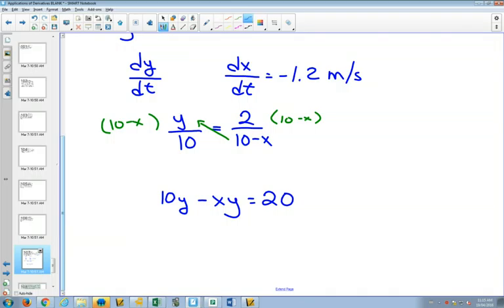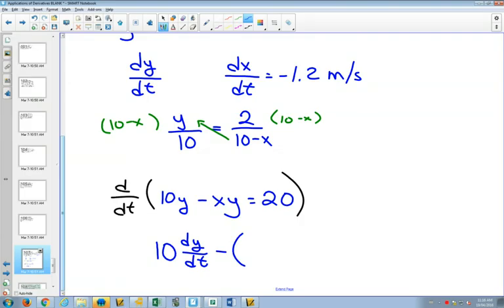Now I can find the derivative with respect to time of this expression. Can you see that you're going to have some implicit differentiation here? First of all, the derivative of 10y is just going to be 10 dy/dt, minus the derivative of xy, which is going to have a product rule.